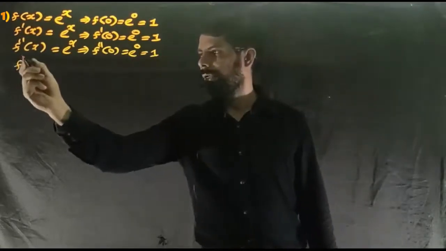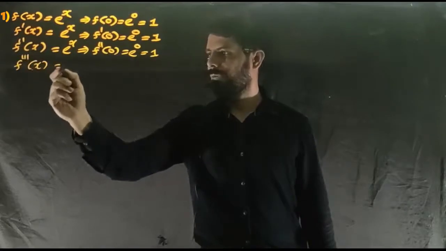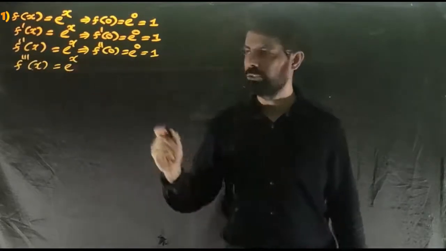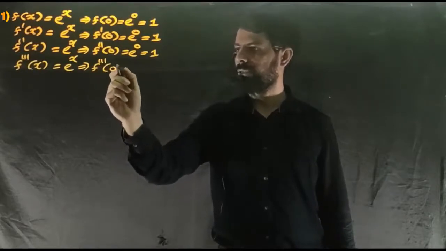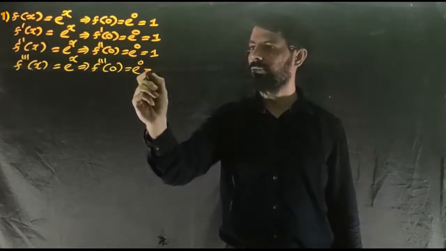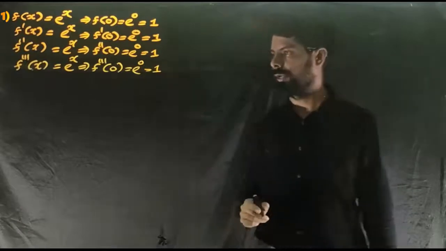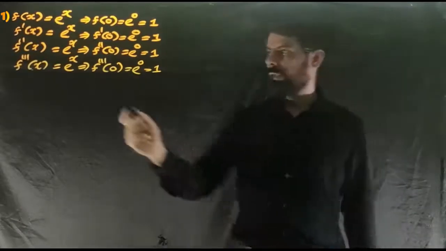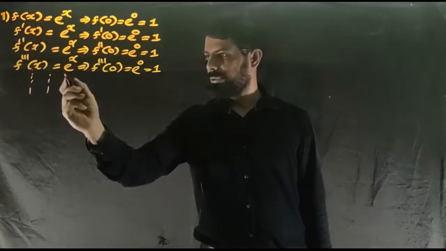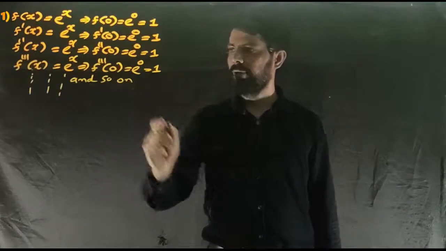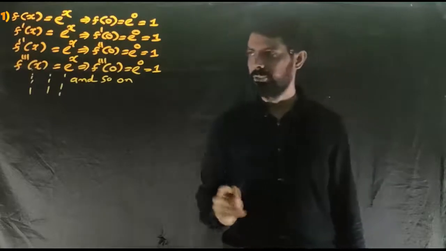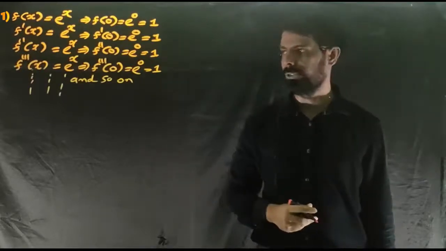Now taking derivative again f triple dash x, derivative of e raised to x is again e raised to x, and replacing x by 0, it is 1. And so on, because if we take nth derivative of function e raised to x, then it will be e raised to x.